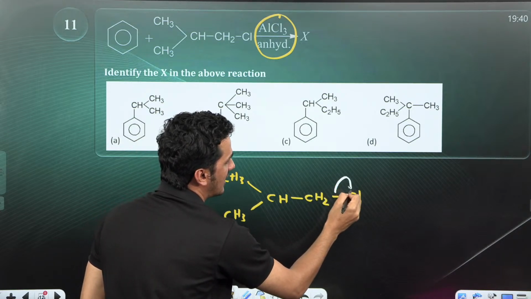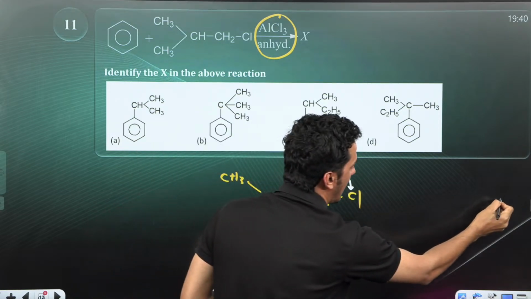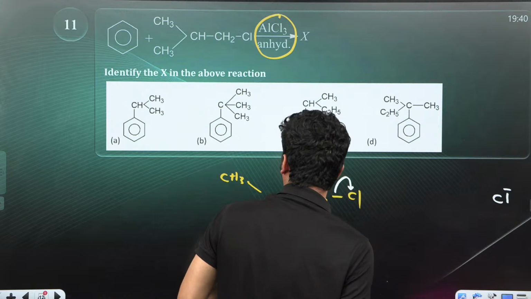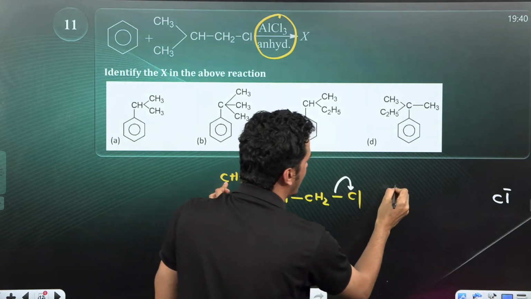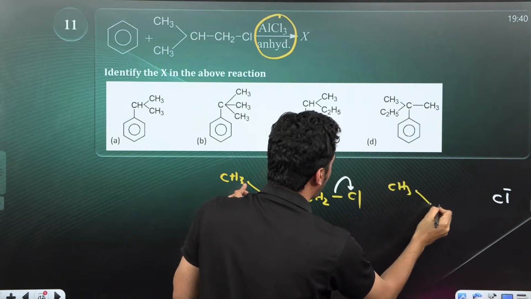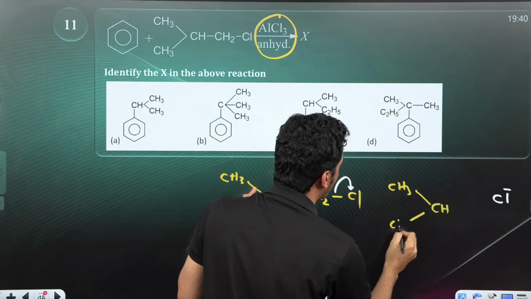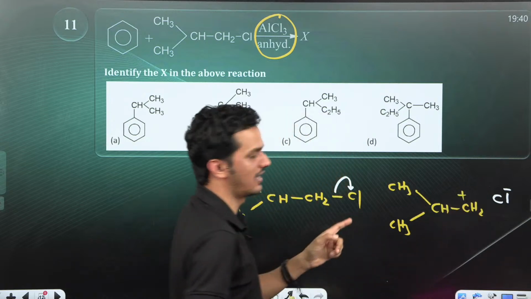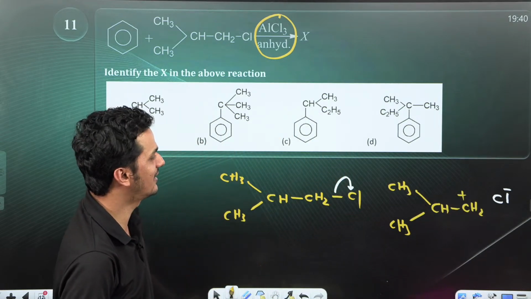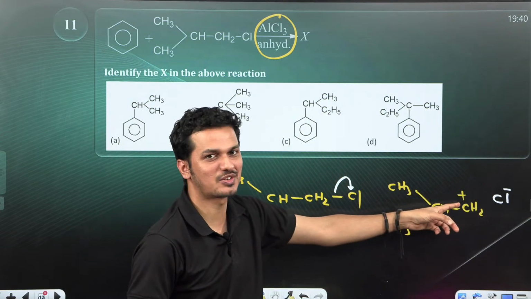This chlorine will take that electron and it will become Cl minus. What is remaining there, guys? You can see CH3, CH, and CH3, CH2, and plus charge will come here. Yeah, this is the electrophile.